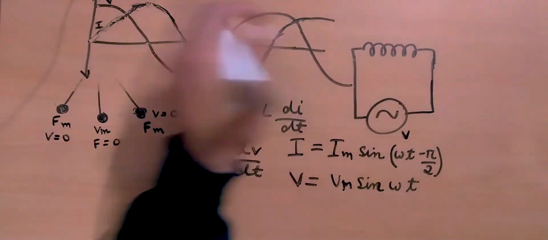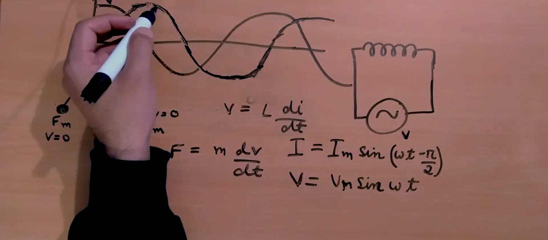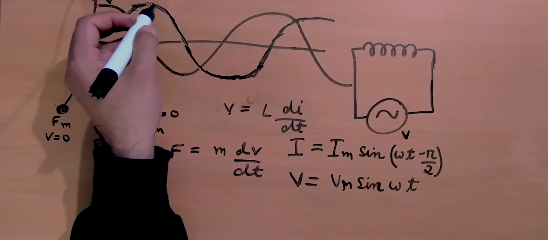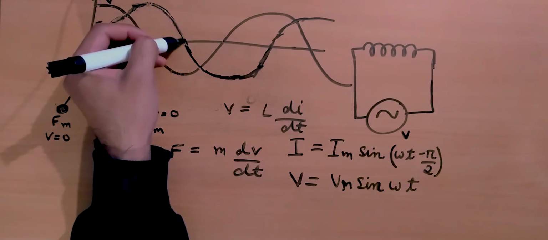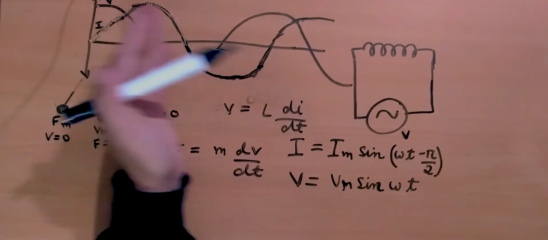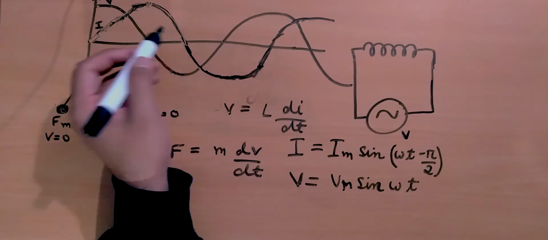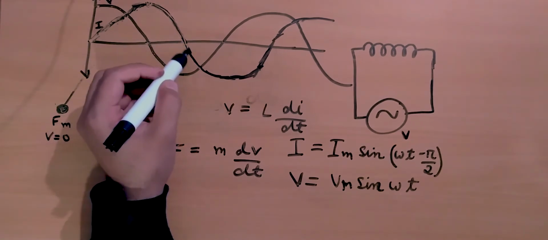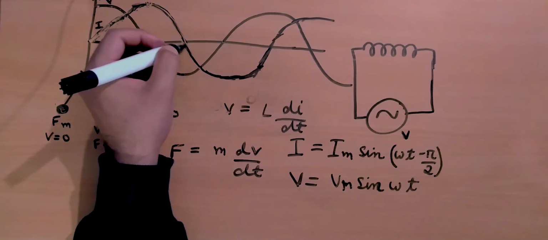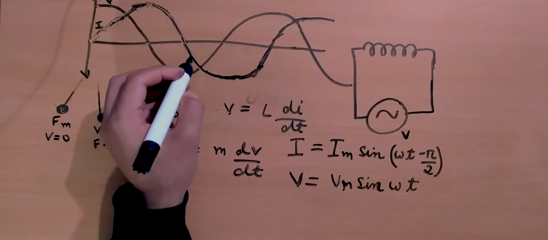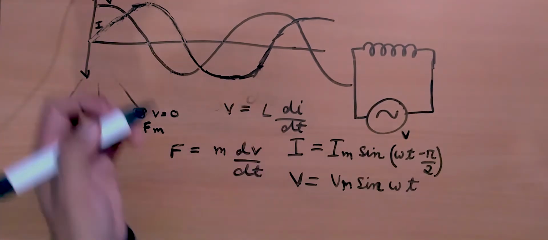This back EMF allows the current to move in the same direction for some time, and it falls slowly, and after some time, the current switches its direction and then begins to flow in the other direction. And so this cycle continues.